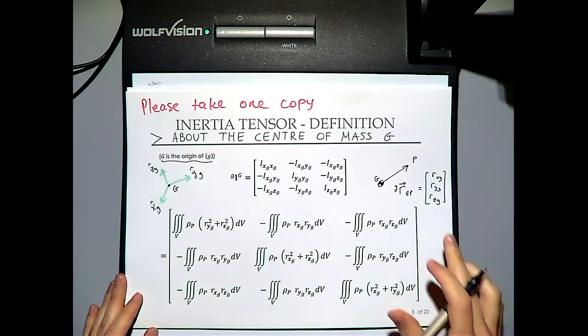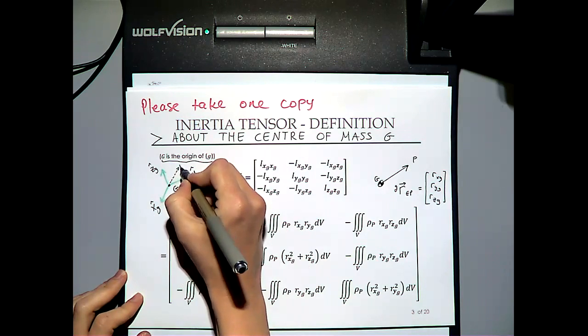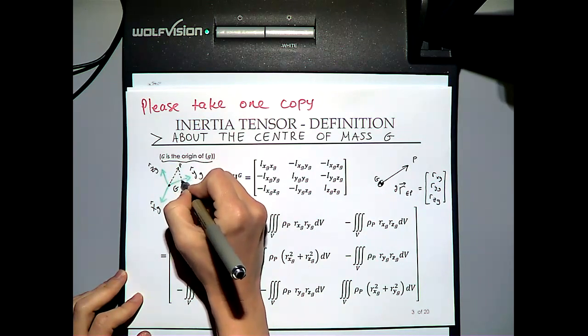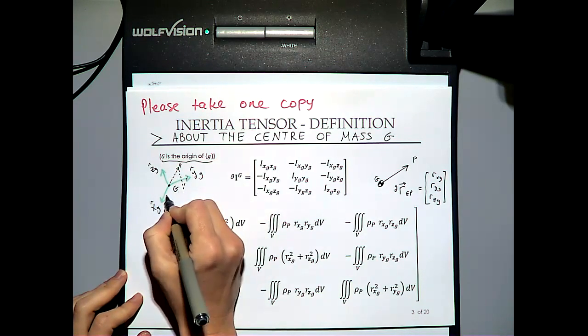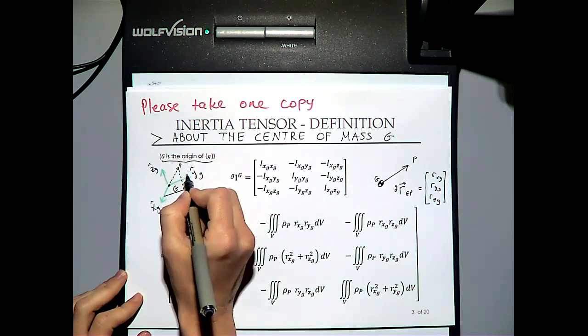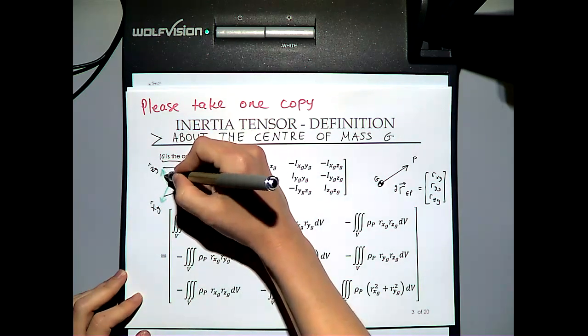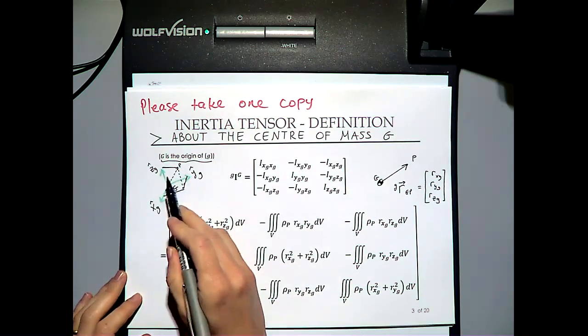All right, so these are the coordinates. That's why, just for convenience, we look at the projections onto the green axis.